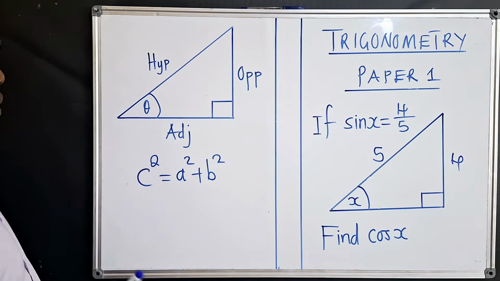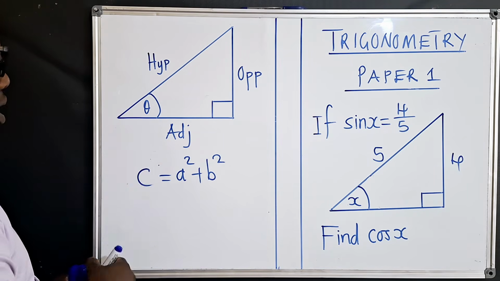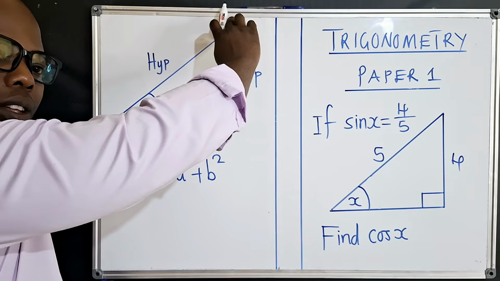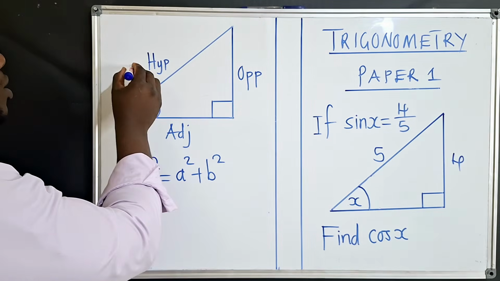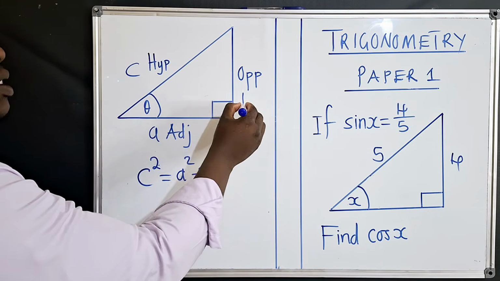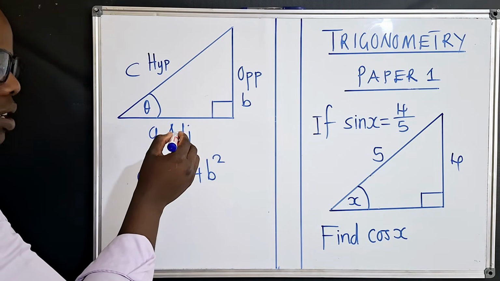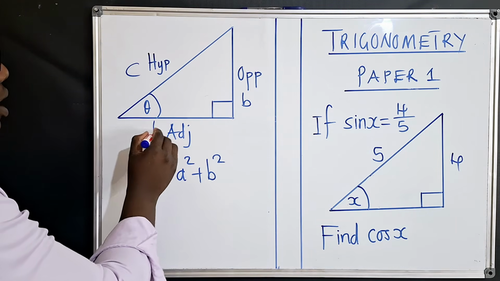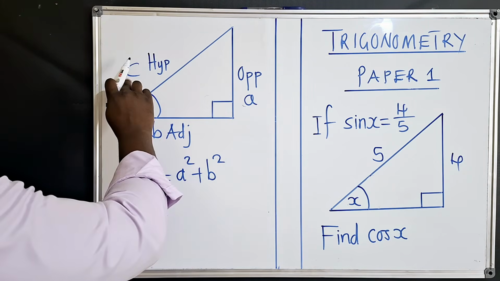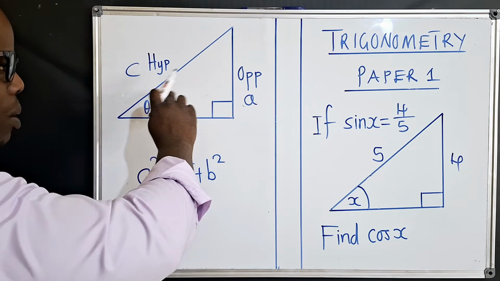Now, the C is the key. The C is the hypotenuse, the longest distance is always your C. So this is our C, and this can be our A. If this is our A, this will be our B. If this is our B, then this will be our A. So you must know that C is the key, your hypotenuse.